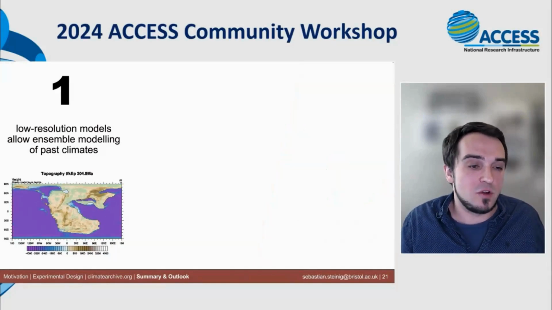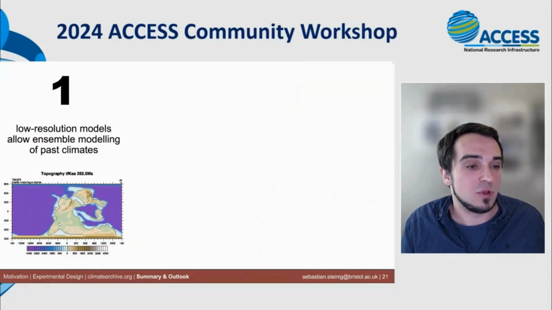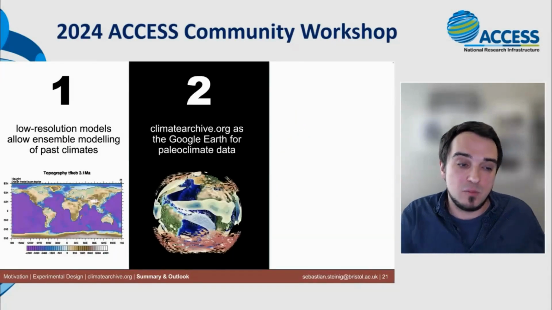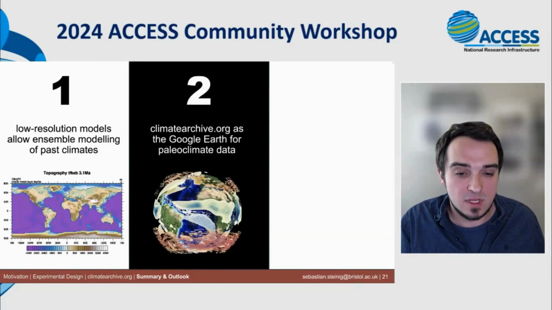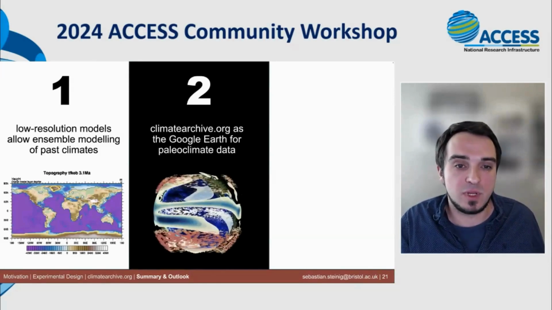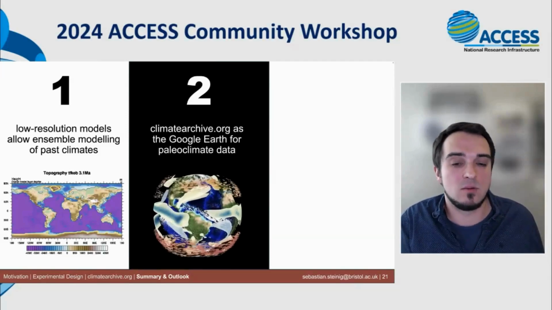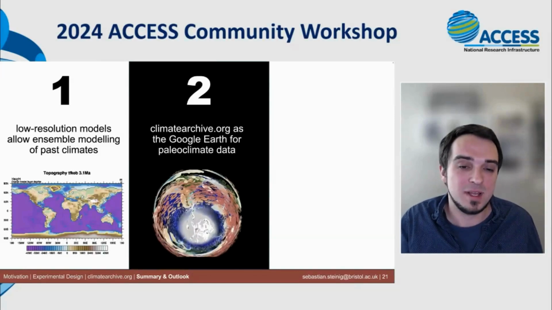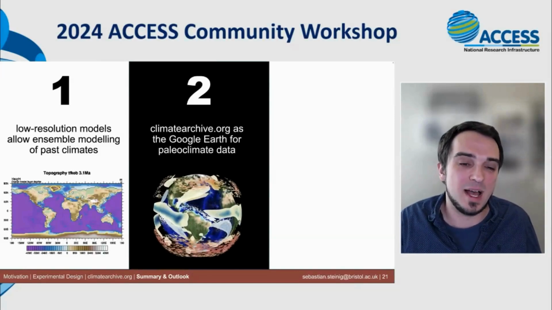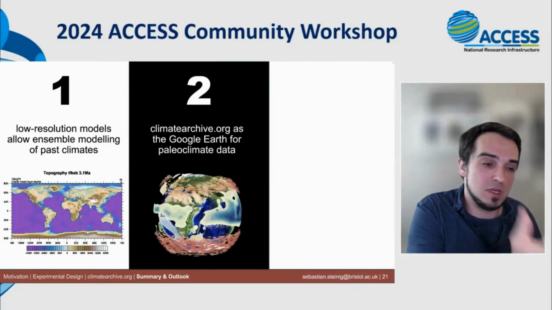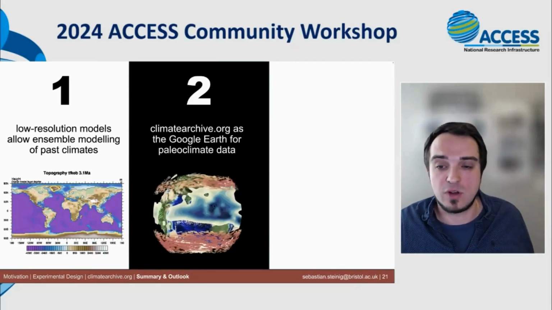This is very, very helpful, and we're doing this with the HadCM3 climate model in Bristol. Producing all of this data motivated us to start developing this climate archive platform to make all of this data, or at least some subsets of the data at the moment, more accessible to the science community, but also the general public.